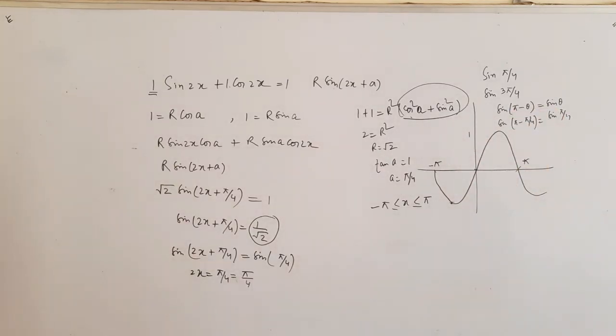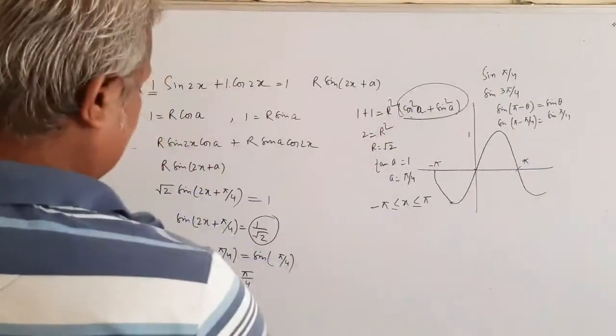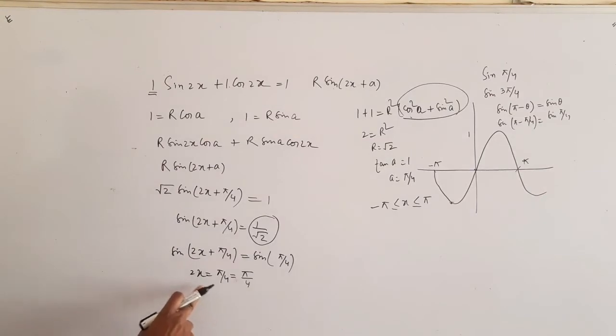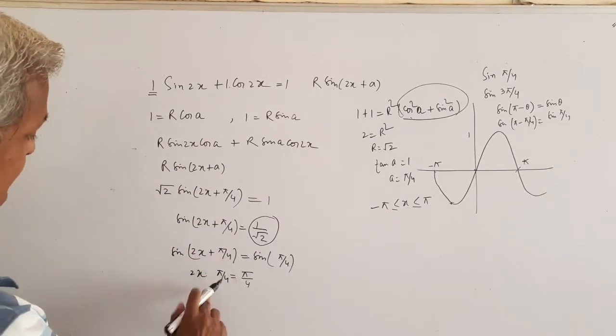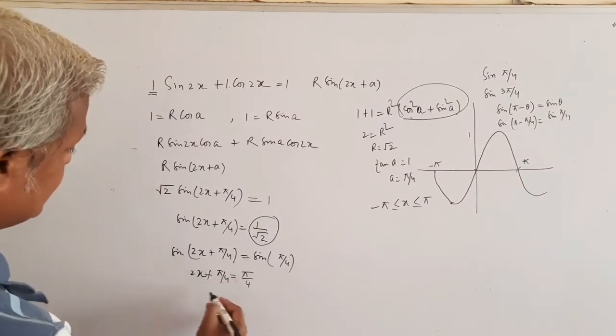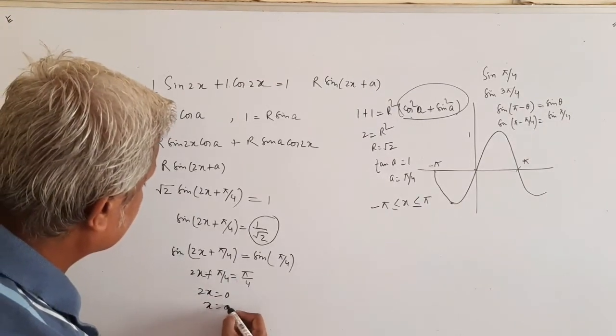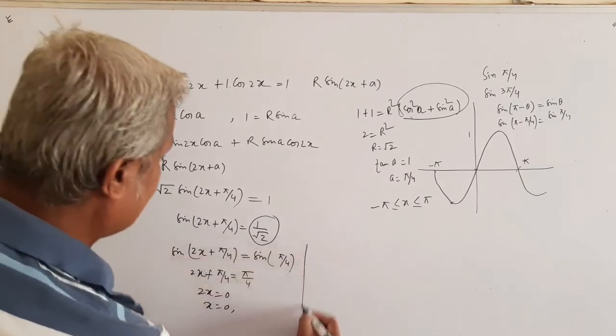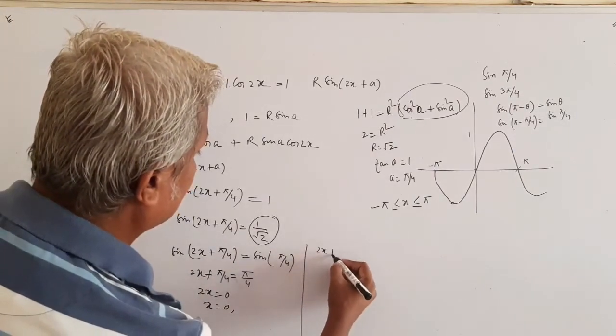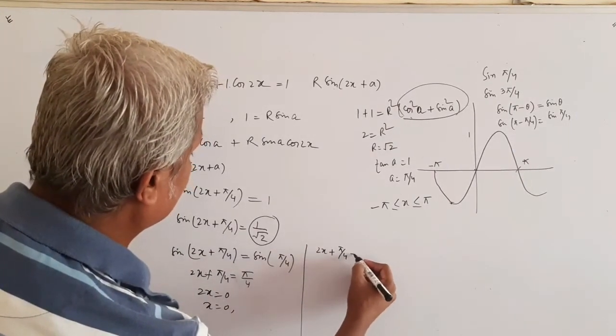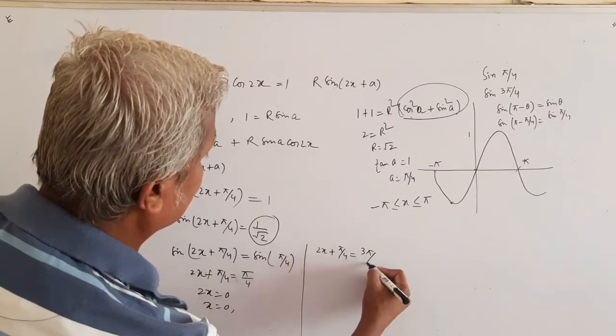So I can get the two equations. One is 2x plus pi by 4 equals pi by 4. Therefore you will get 2x is 0. So x is 0. And either you can take 2x plus pi by 4 is 3 pi by 4.